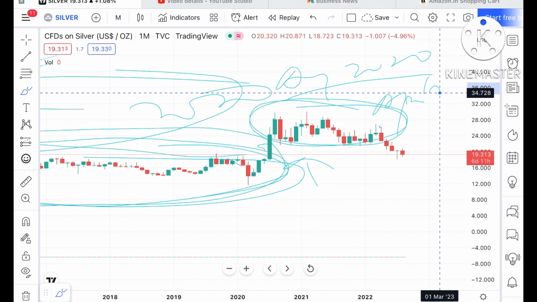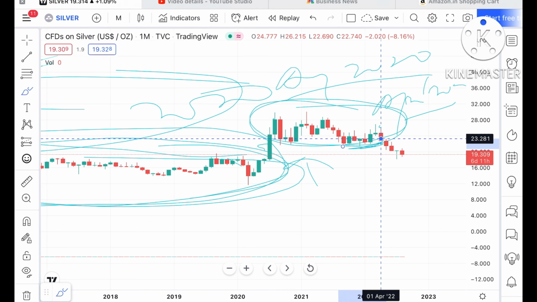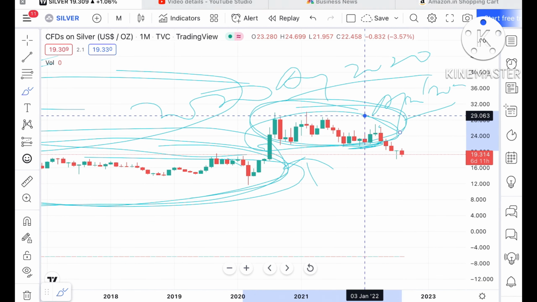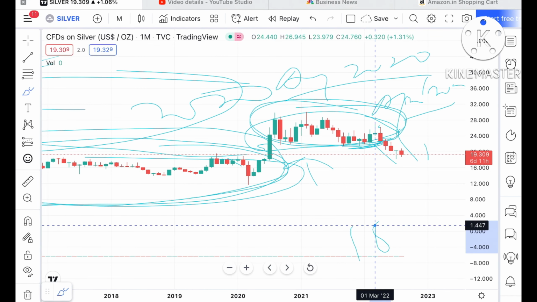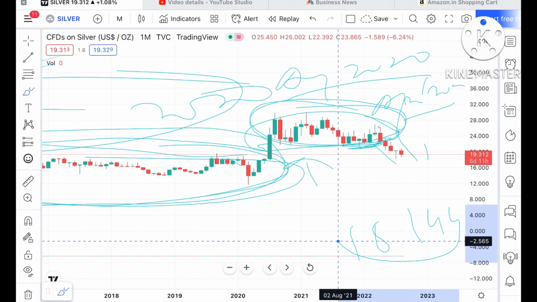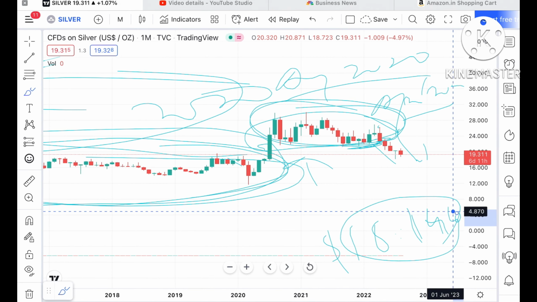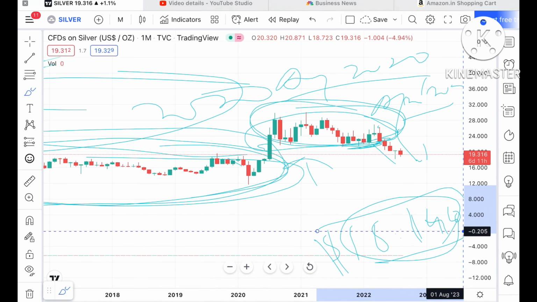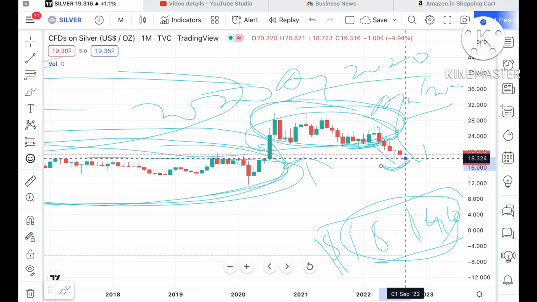In April 2022 it was moving in this particular zone, and at the end of May we saw it fall in this zone and make a low of around 18.140. After that we have seen it trying to go upside.